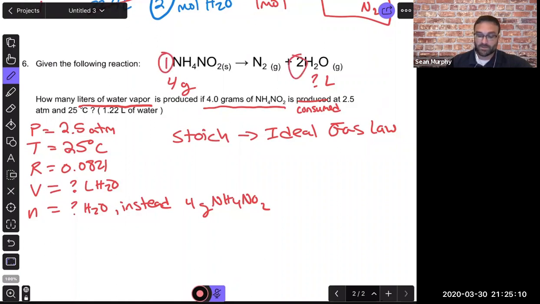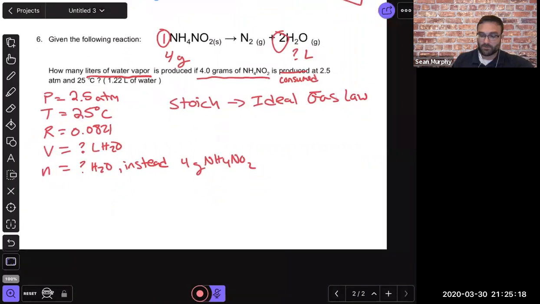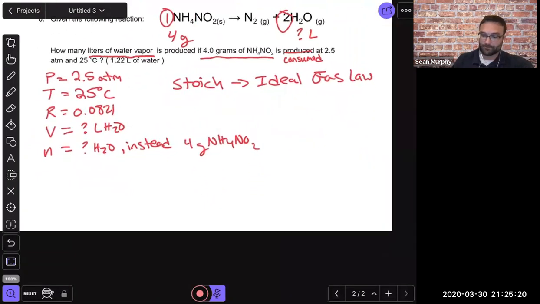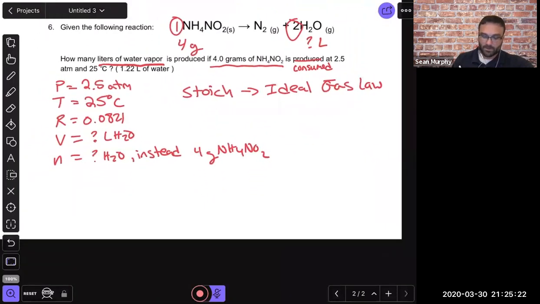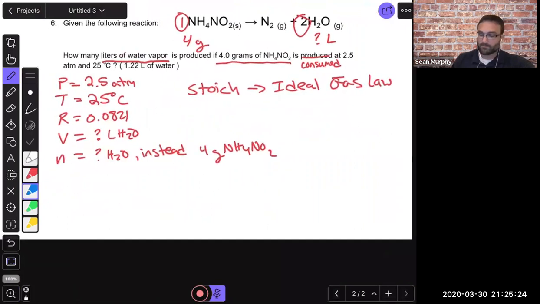Let me see if I can make this a little bit smaller so we can have room to write. Okay, so let's do some stoichiometry. We're going to take 4 grams as our starting material. Essentially, what we need to do is stop at moles here.